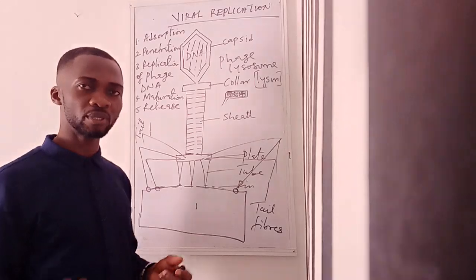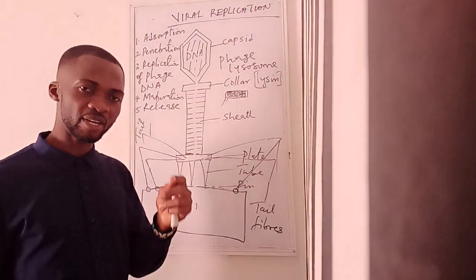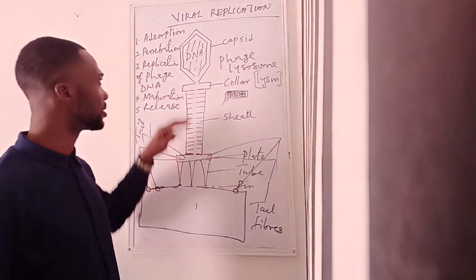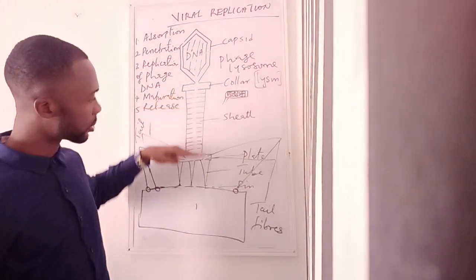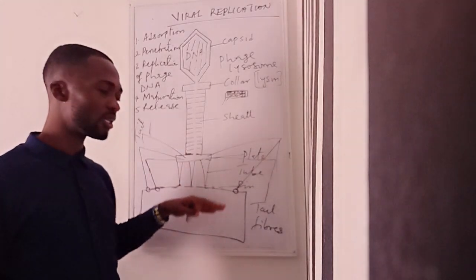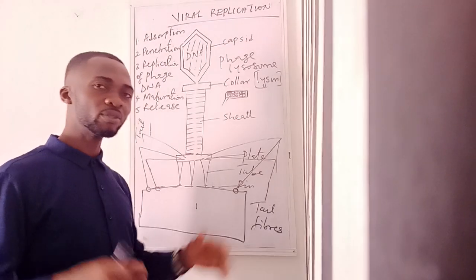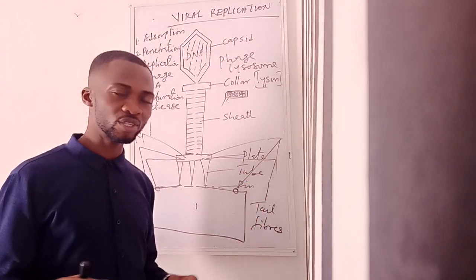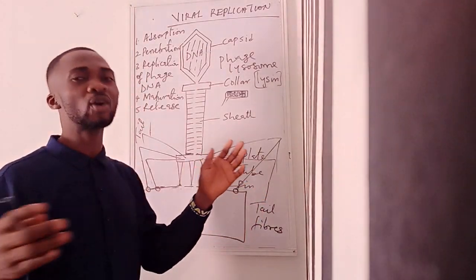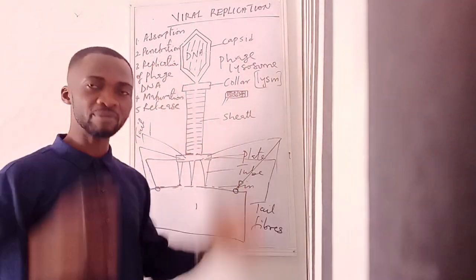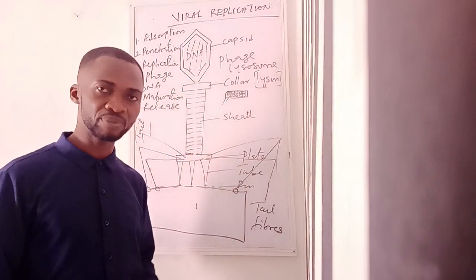Once the capsid is formed, the genetic material is taken into the capsid, the collar covers it, the sheet comes, then the plate, then the tube, the pin, then the tail fibers. All these things happen within the maturation stage. They are coupled together to make a complete virion or a complete virus.